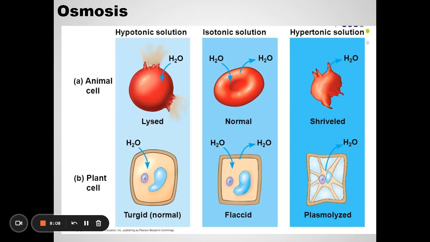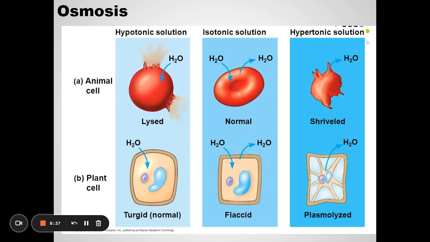That means maybe this is 100% water or 99% water. Okay? It doesn't have much else dissolved in it. The cytoplasm of a cell has a lot of water, but not 100%. Let's call this 94% water inside the cell.